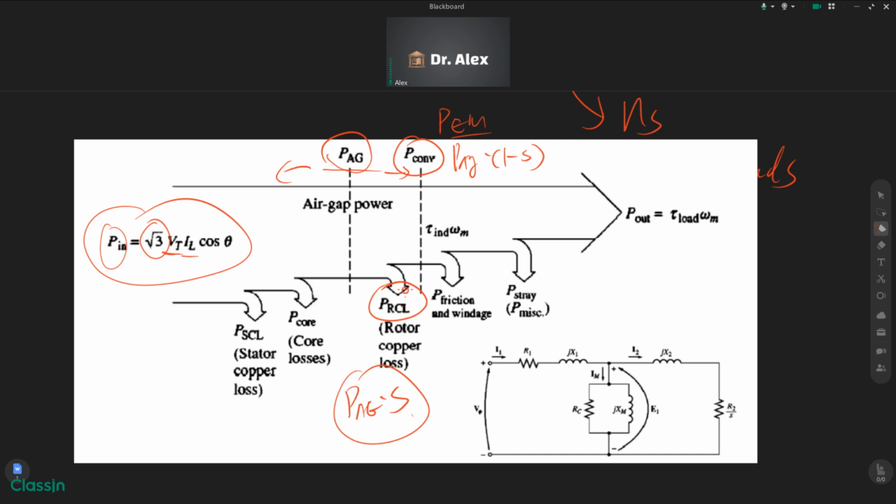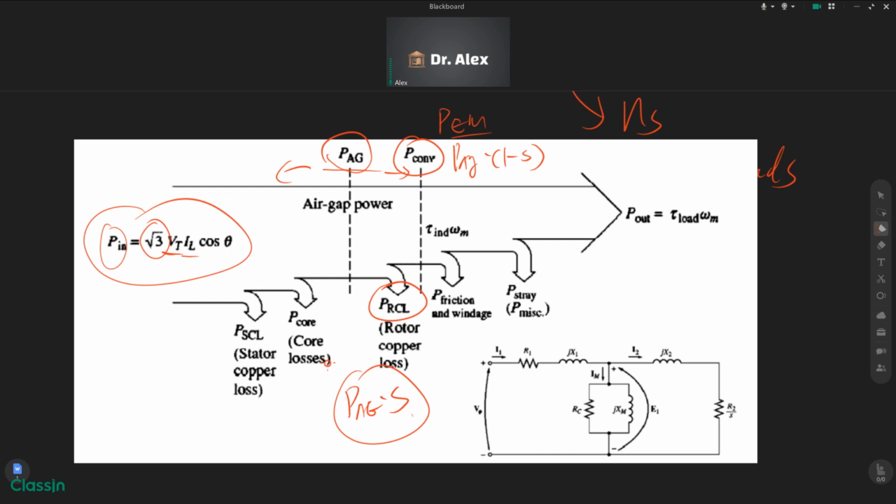It is due to the resistance of the coils in the rotor. You know the coil in the rotor is made of copper. Although it's very small, it has some resistance.